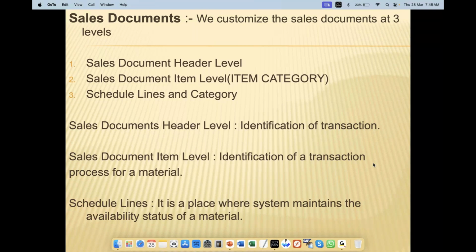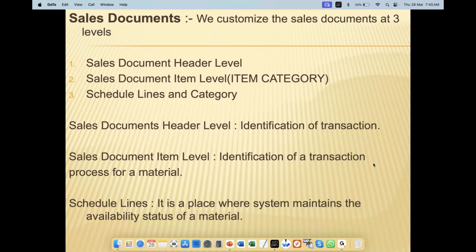So please understand the point and work as it is. Sales document header level is an identification of a transaction. Sales document item level is the identification of the transaction process of a material.